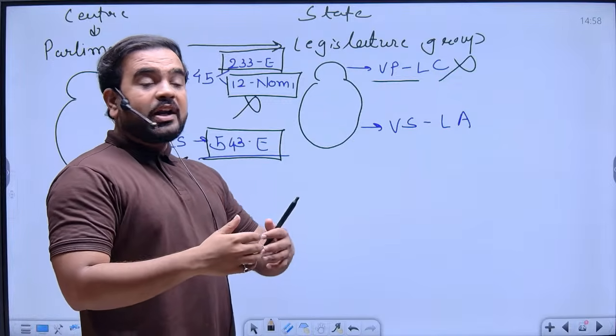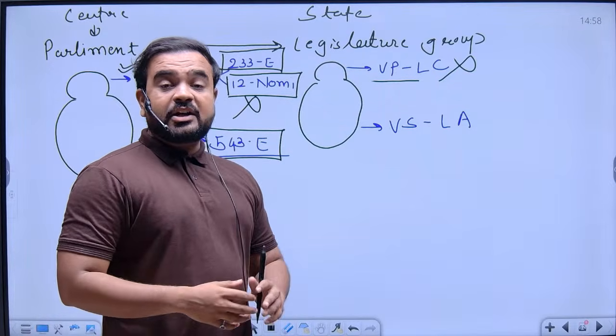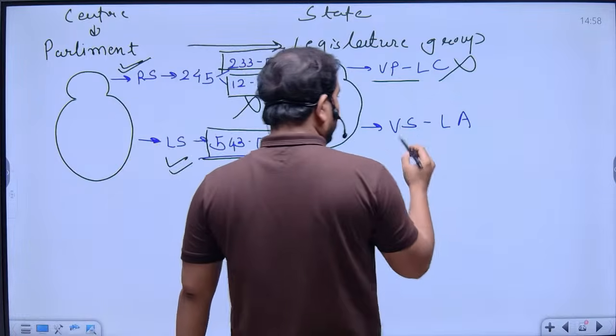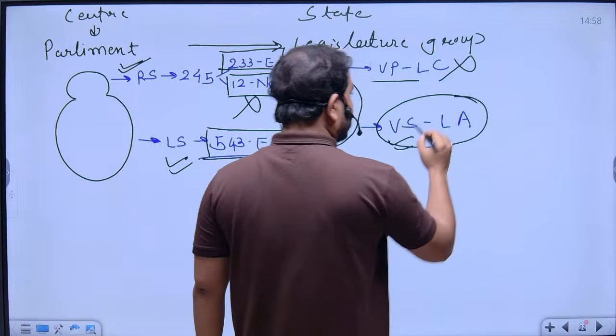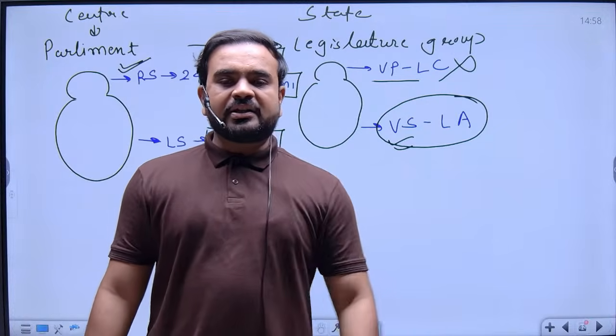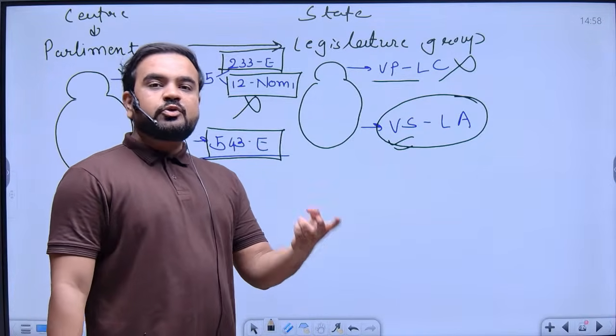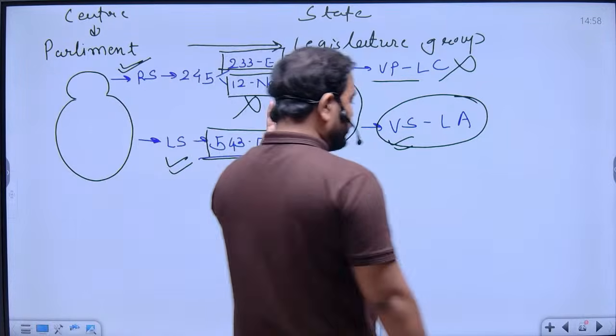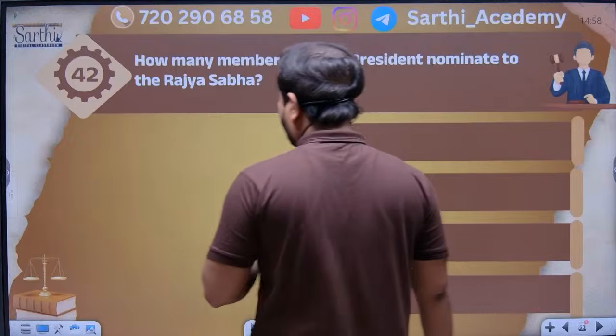And if you are allowing 6 Vidhan Parishad, that means this is violation of equality to states. So they are not allowed, and all the members of the Vidhan Sabha of all the states and 2 union territories can take part in the election of the president of India. Which 2 union territories? Delhi NCR and Puducherry. In future Jammu Kashmir will be there.